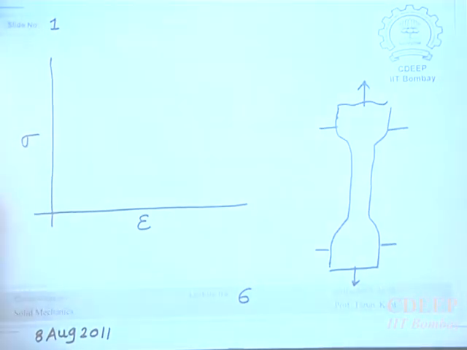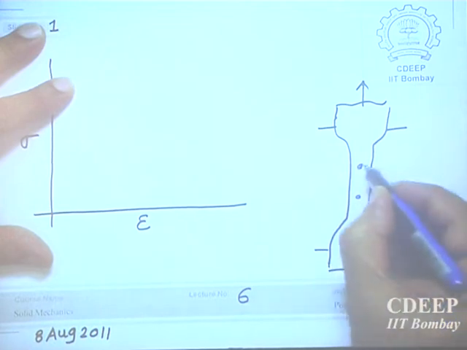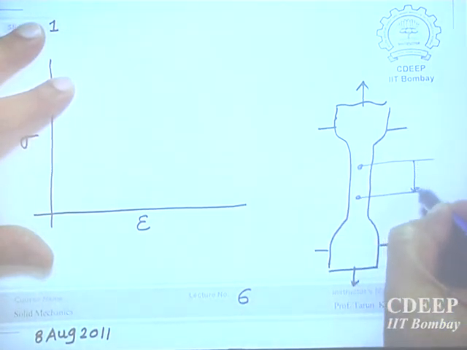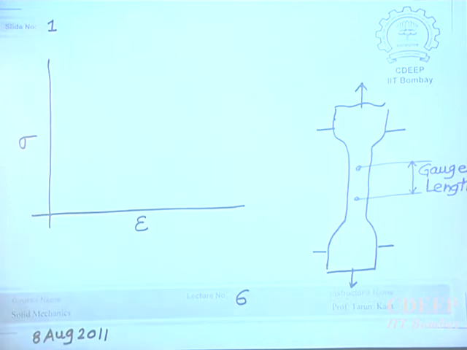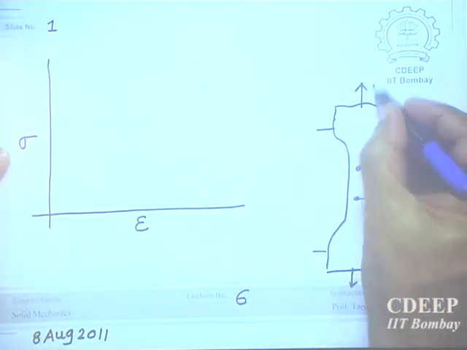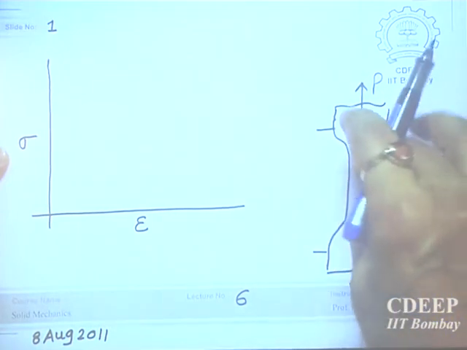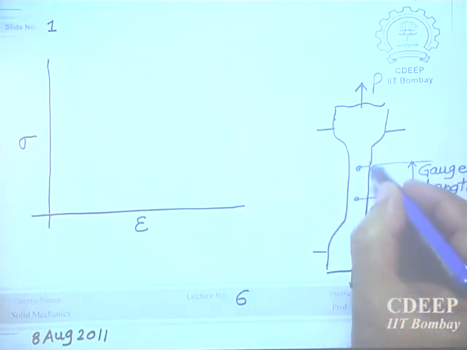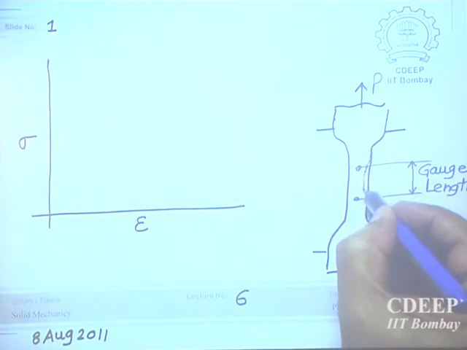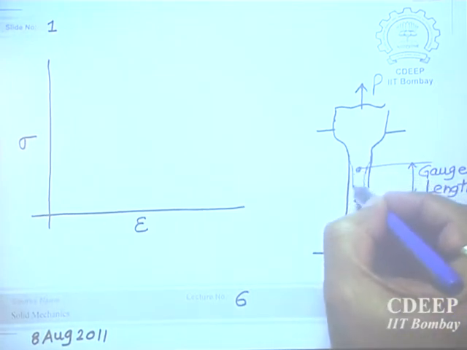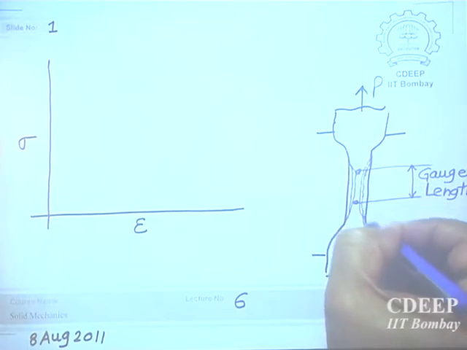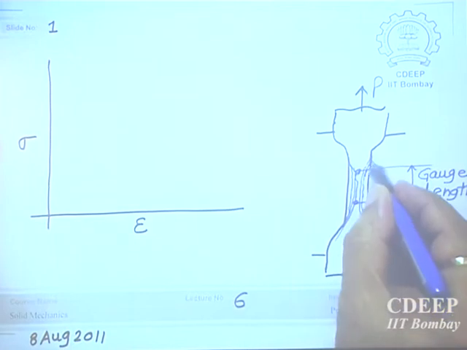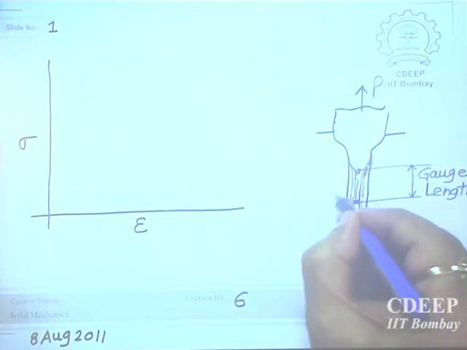You have marked 2 points here, and the distance between them you have measured, so this is called gauge length. Then, as it is under tension P and P, the distance between these 2 points will go on increasing, and as the load increases, necking starts happening here in the center, and finally it will break over here. So the final will be the break point.